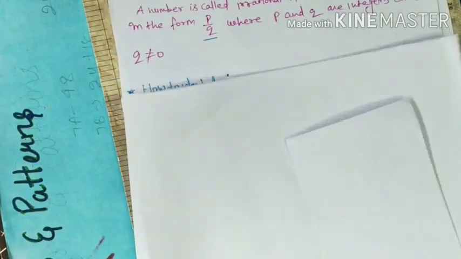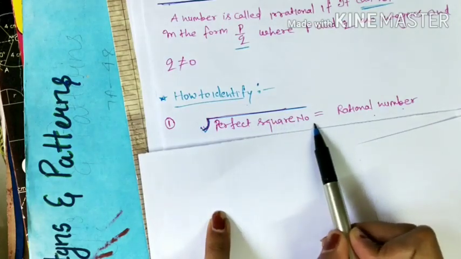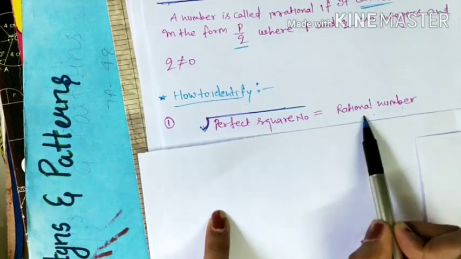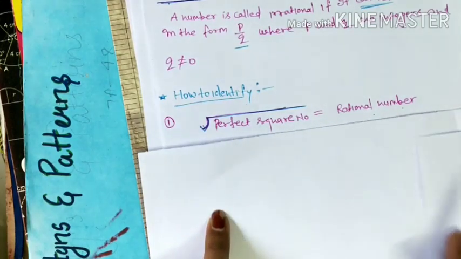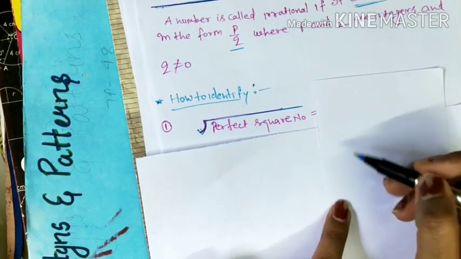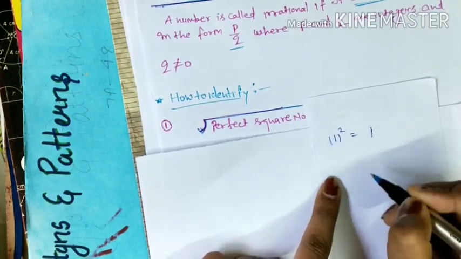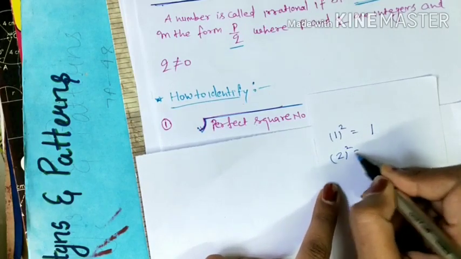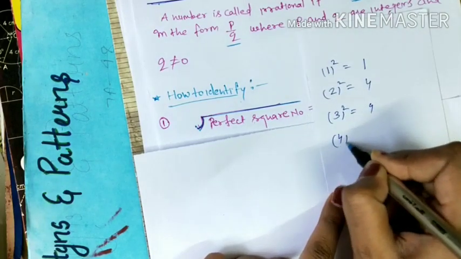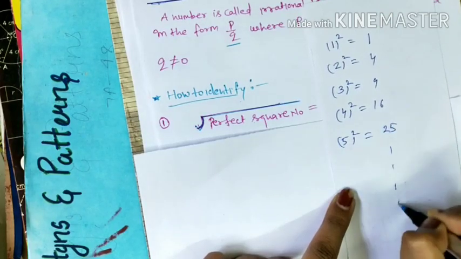So let's understand it. First one: under root of a perfect square number is always a rational number. Before understanding this concept, children, you should know what a perfect square number is. So I will tell you, all natural numbers, or you can say whole numbers: if I write the square of 1, it's 1. 2 square, it's 4. 3 square, it's 9. 4 square, it's 16. 5 square, it's 25, and so on.